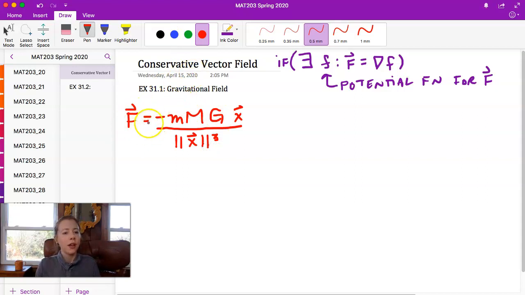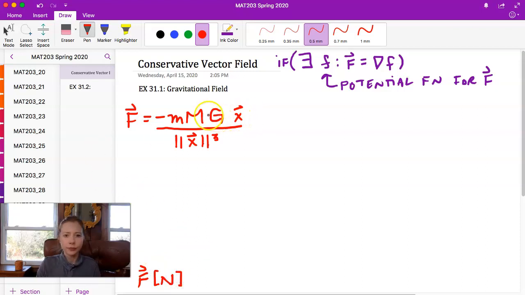Now let's think about this for a sec. The gravitational field is a force field, and in metric, the unit for force is the Newton. I'm going to write this down here just to keep track.